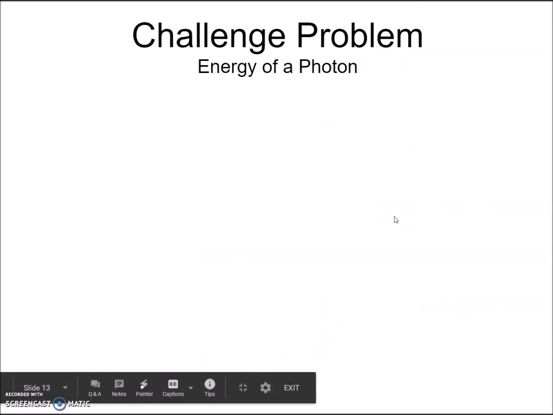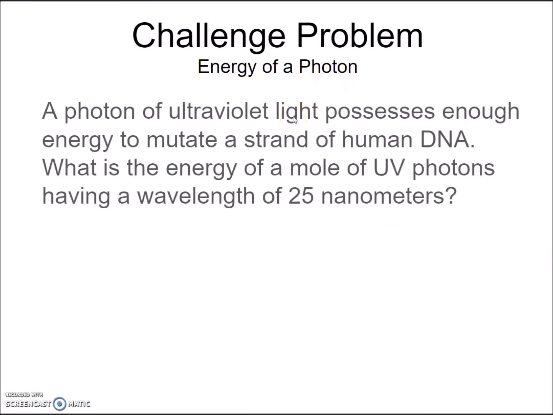One last problem, and this one is a challenge problem. Take a look at this one. A photon of ultraviolet light, so not quite in the visible spectrum, possesses enough energy to mutate a strand of human DNA, which is part of the reason why UV light, ultraviolet light, is damaging to our skin.